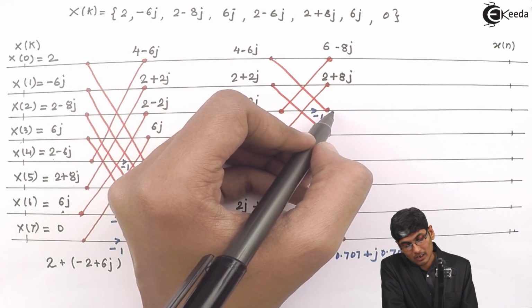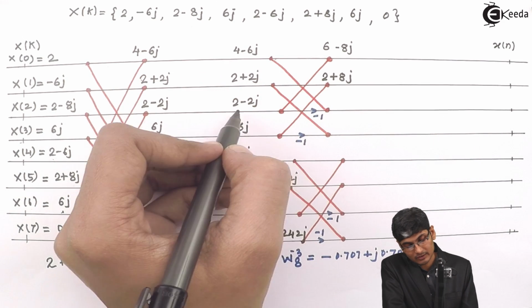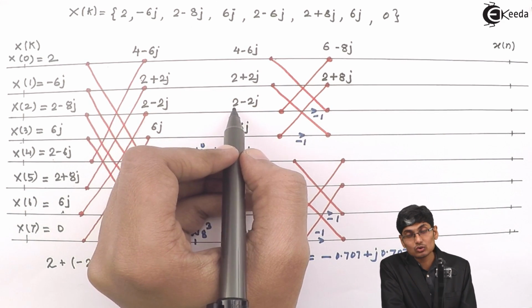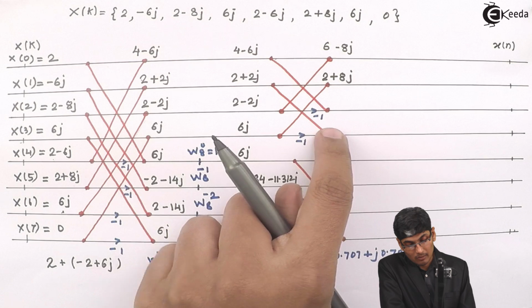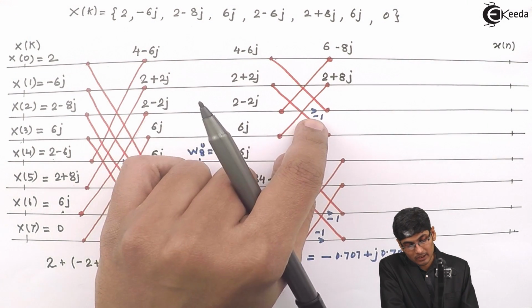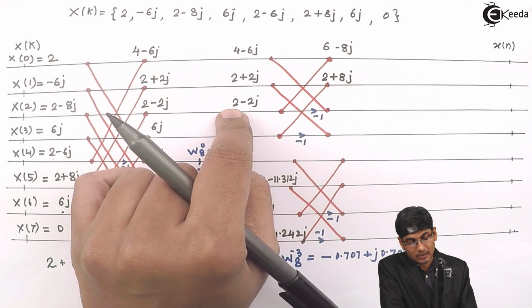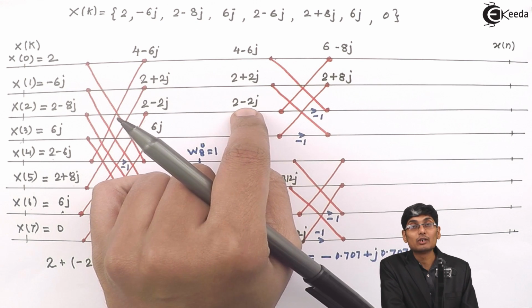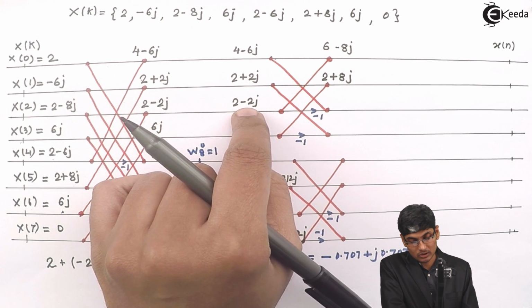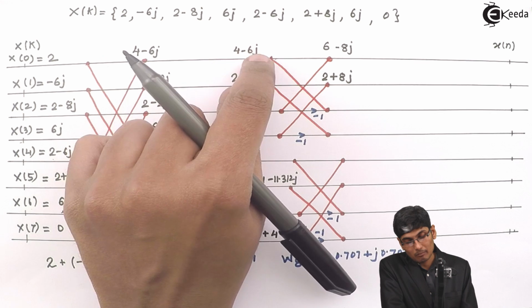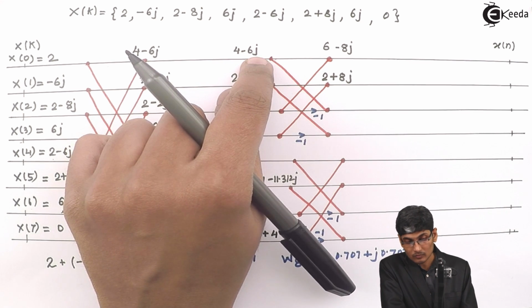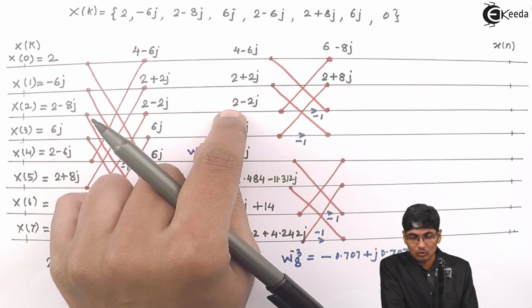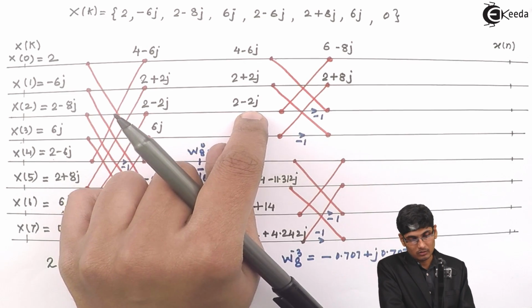So it will be 4 minus 6j, and here it will be minus 2 minus 2j, because minus 1 multiplied by 2 will be minus 2, minus 1 multiplied by minus 2j will be plus 2j. So I will have 4 minus 6j, minus 2 plus 2j.